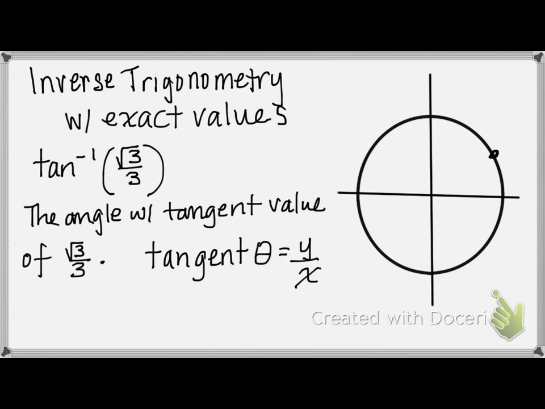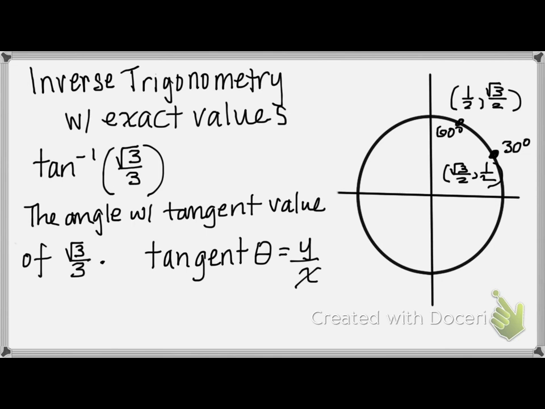Like here at 30 degrees, that has coordinates of rad 3 over 2 and 1/2. And here at 60 degrees, that has coordinates 1/2 and rad 3 over 2.